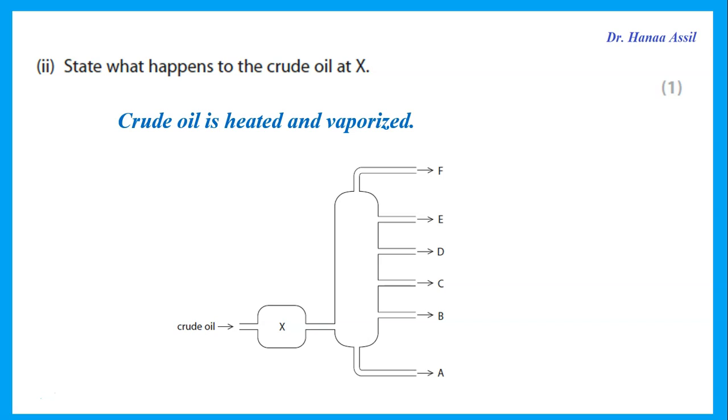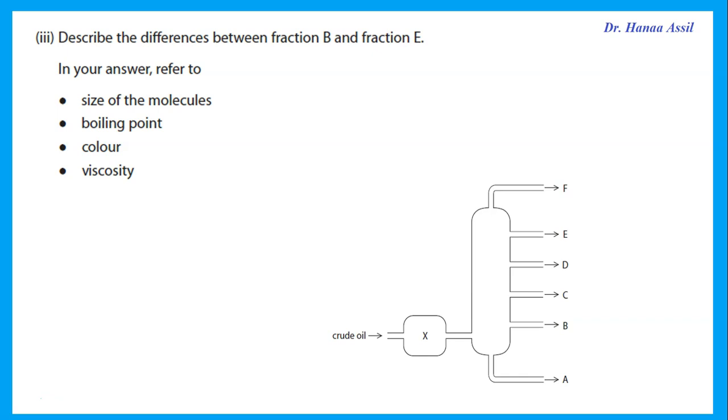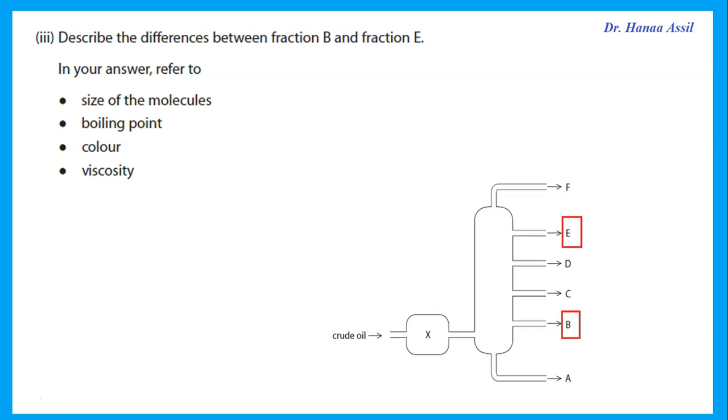It is separated according to boiling points. And we're required to describe the difference between fraction B and fraction E. Can you see where B and E are? You should realize that when crude oil is heated and vaporized, it goes into the fractionating tower or the fractionating column. Now, it goes up, all the gases go up, and they are cooled and condensed according to the difference in boiling points.